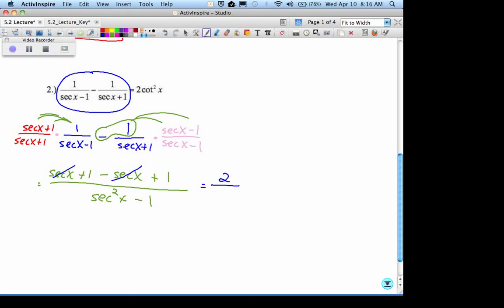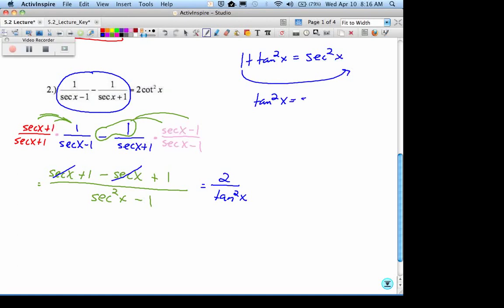But what did I leave behind? Tangent squared. Leave it up there. Remember, 1 plus tangent squared of x is equal to secant squared of x. The second Pythagorean identity. I would say take the 1 to that side.